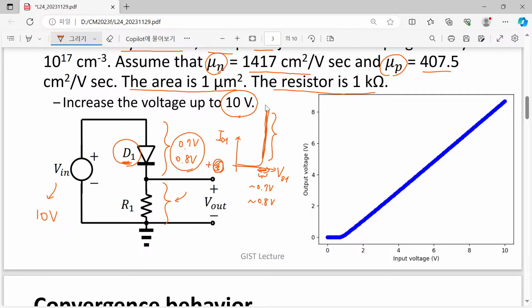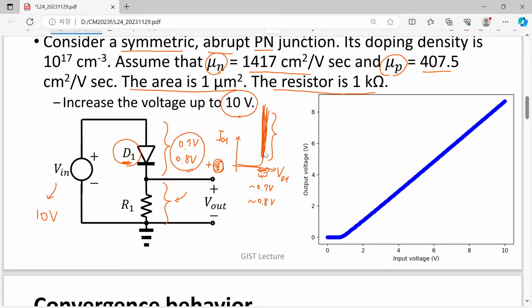Anyhow, if we have some measurable D1 current, then the range of D1 voltage is more or less given. So all other voltage is applied to R1. That is the qualitative understanding of this problem.